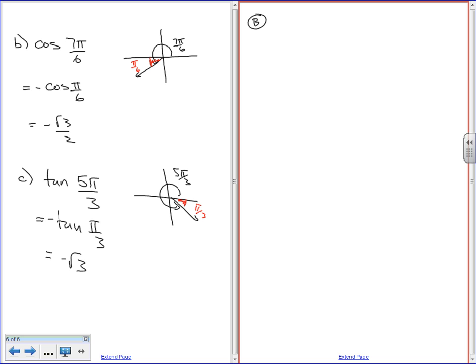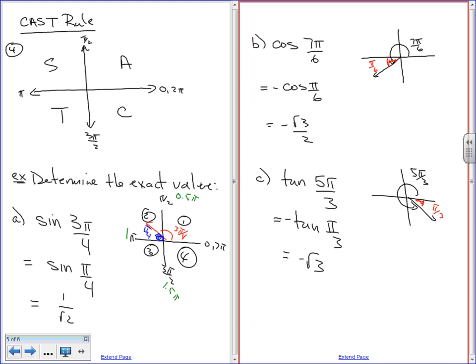Box B, we are going to figure out the exact values of angles that aren't in our special triangles. So, example, determine the exact value. We can determine the exact value of any trigonometric ratio if it has a 4 in the denominator, a 6, or a 3.